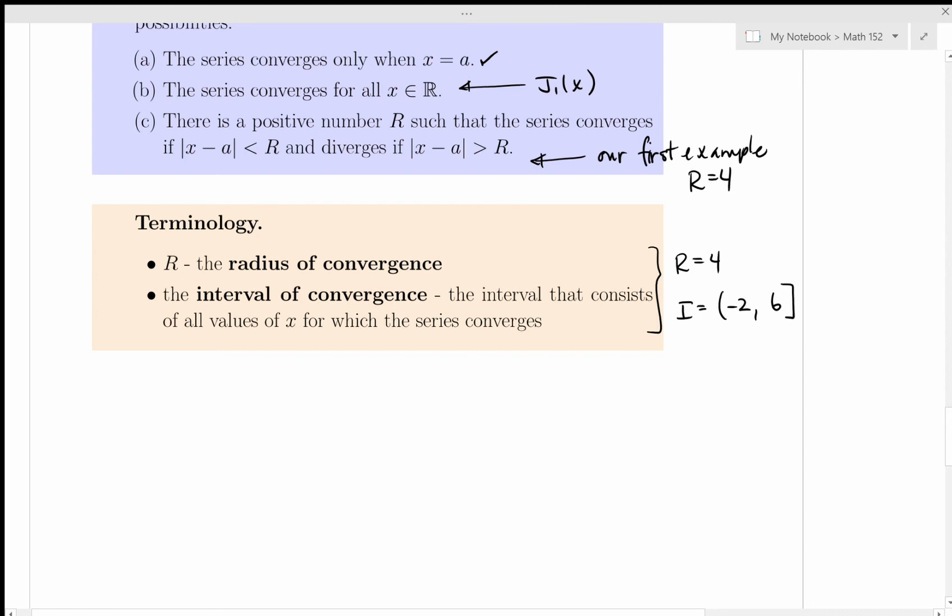If you look at something centered at 2, then you can go 4 on either side, so the interval is from -2 to 6. Those are the cases we've seen.